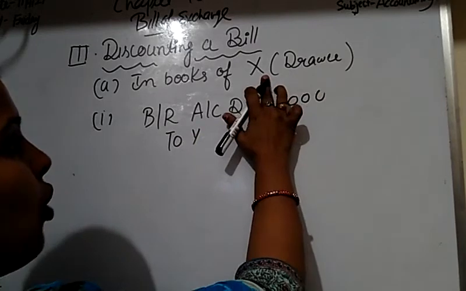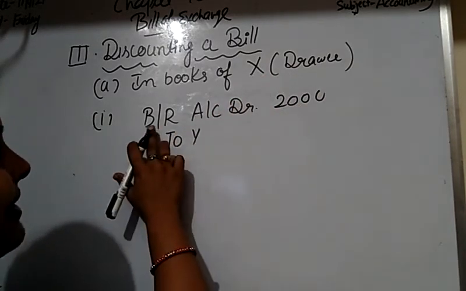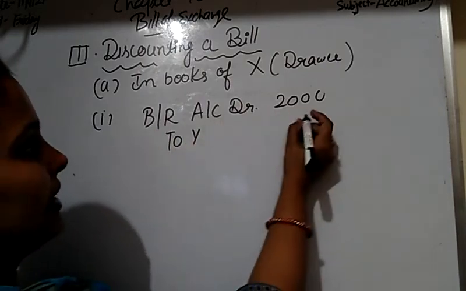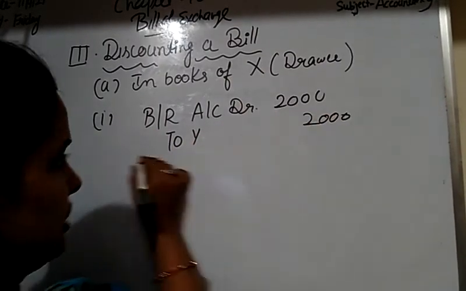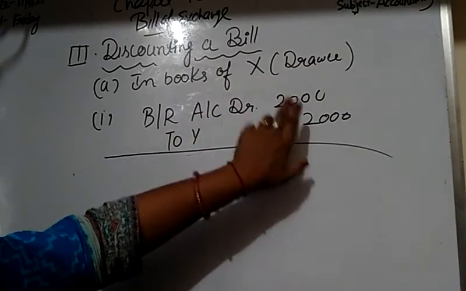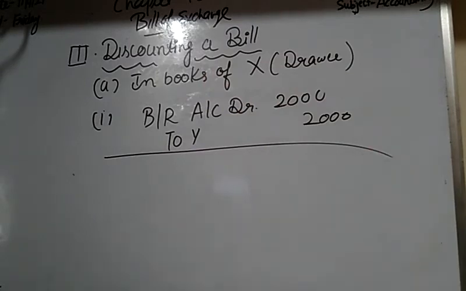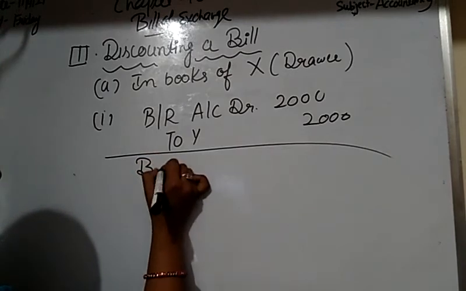So when X draws a bill on the name of Y, at that time bills receivable account is debited to Y account 2000. And now X discounts the bill, meaning X encashes that bill from his bank because he needs money. At that time what entry is passed? Bank account debit.